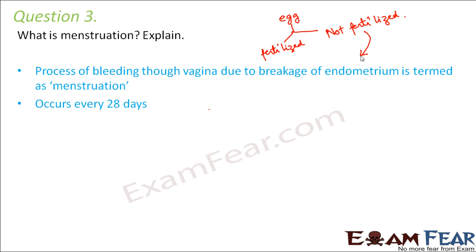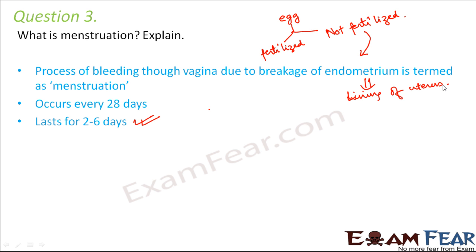This process occurs every 28 days and the bleeding will last for 2 to 6 days, depending upon how thick the endometrium was, that is, the wall of the uterus. This endometrium is nothing but the inner lining of the uterus. This lining prepares itself to receive the zygote, so that it can thicken itself and give enough support to the baby.